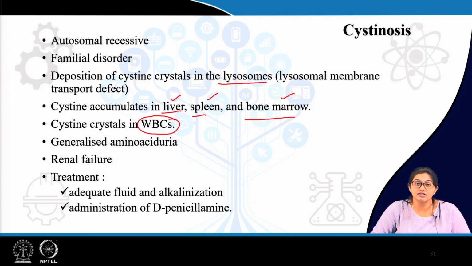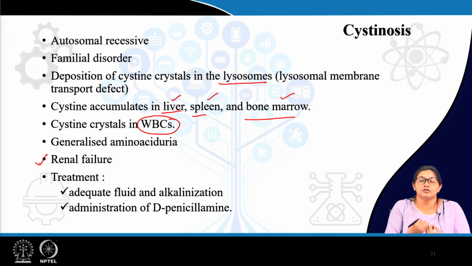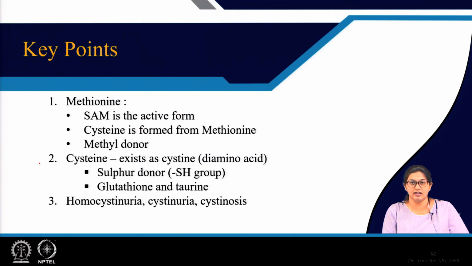A generalized amino aciduria can be seen, and those when deposited in kidney can cause renal failure. Once again, the treatment is to increase the urinary output via adequate fluid intake and also alkalinization of urine causing solubilization of the crystals, and also administration of D-penicillamine.